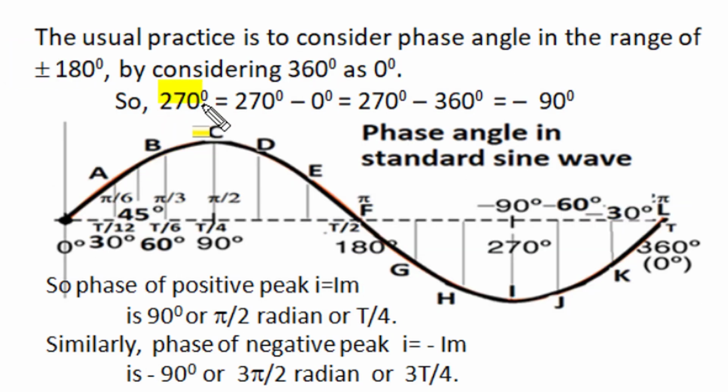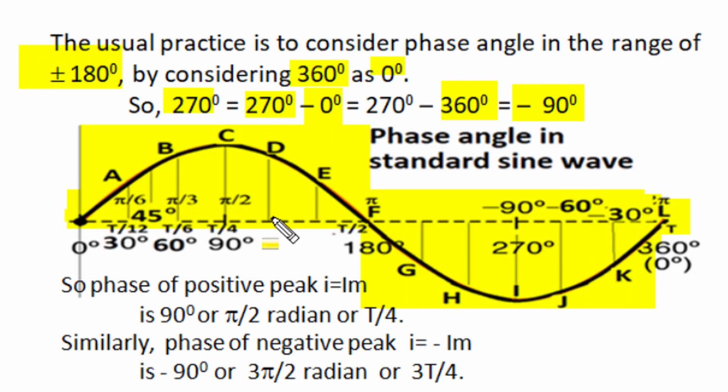To find the equivalent value of 270 degree in the plus minus 180 degree range, we subtract 360 degree from 270 degree, since 0 degree is equivalent to 360 degree, and it comes as minus 90 degree. So 270, this position I, is equivalent to minus 90 degree when we measure from the other side with negative measurement.